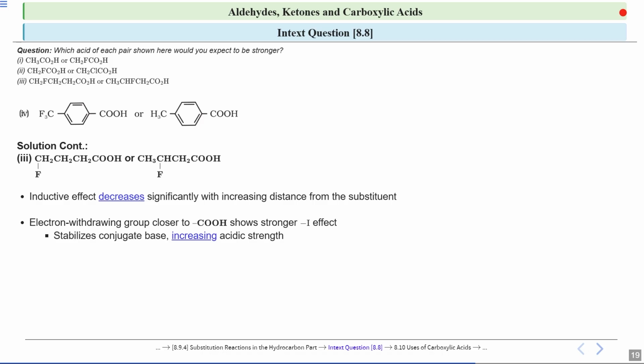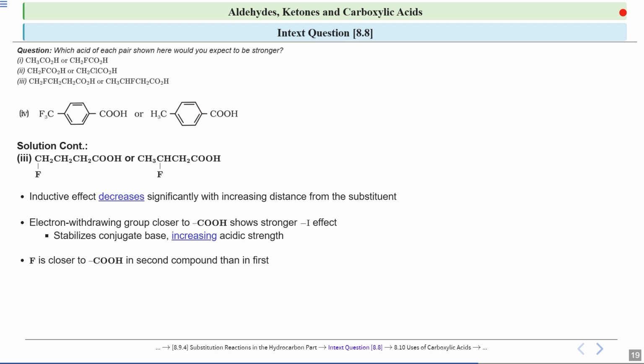Because the conjugate base is more stabilized, the acid is more likely to lose a proton, which makes it a stronger acid. So the closer the electron withdrawing group is to the COOH group, the stronger the acid becomes. This is a direct result of the inductive effect.